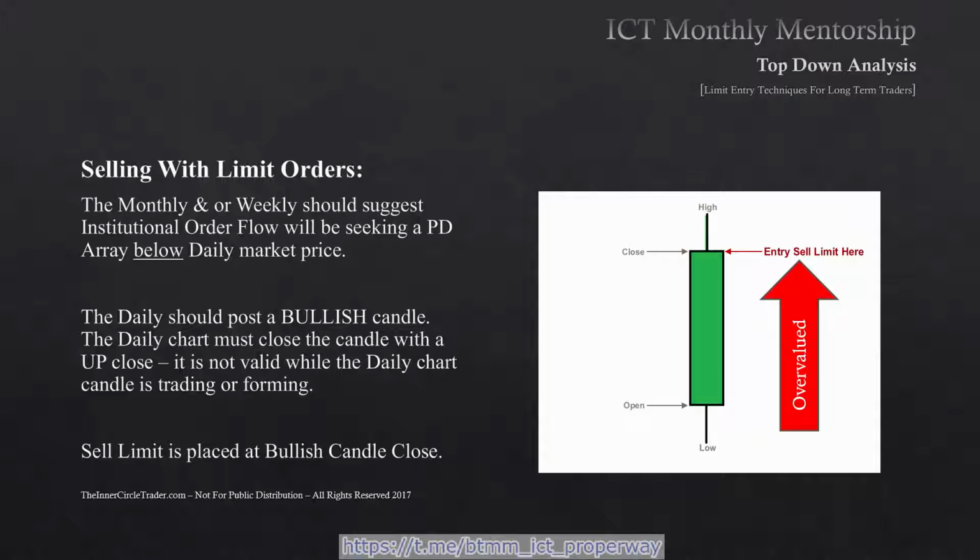Now, again, we're not just selling on a limit on any up candle if we have an opinion about being bearish. These conditions are best suited when we align them with a daily PD array. In other words, if there's a bearish order block, if there's a gap that it's traded into, if it's filled in a void, if it's traded above a recent high, or it's traded back into an old historical low, support broken and now is resistance.